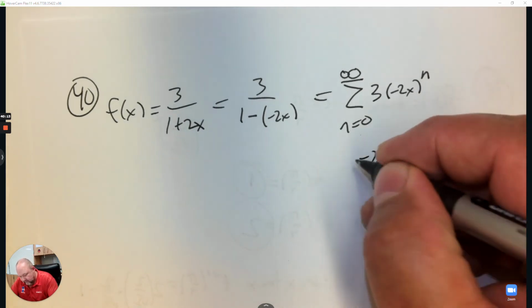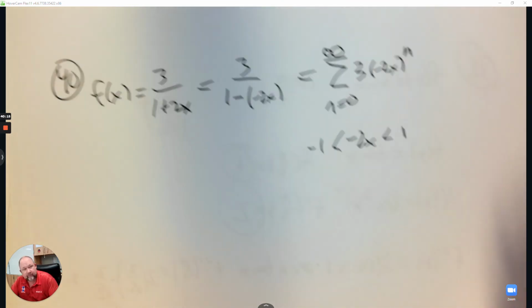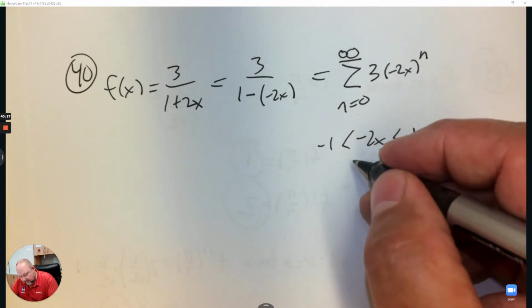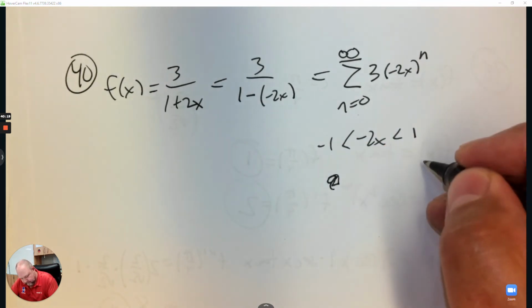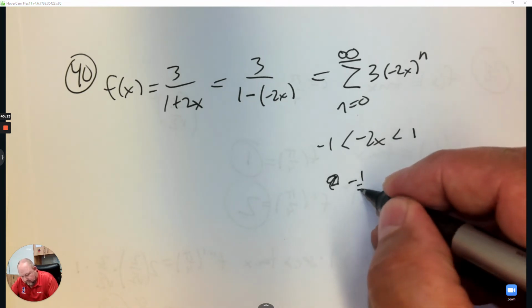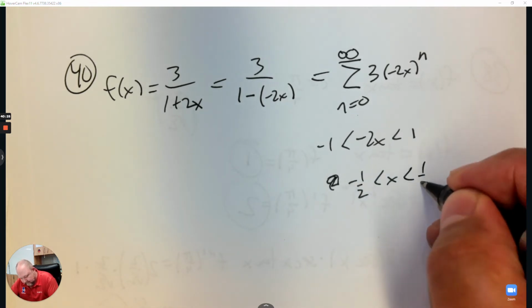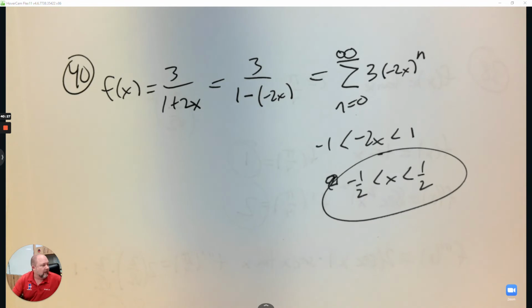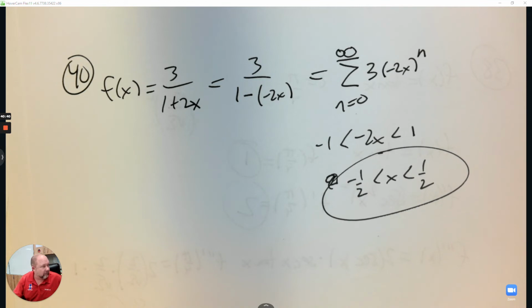And the convergence, divide by negative 2. So you go from negative a half to positive a half. I did it again. All right, that's number 40.